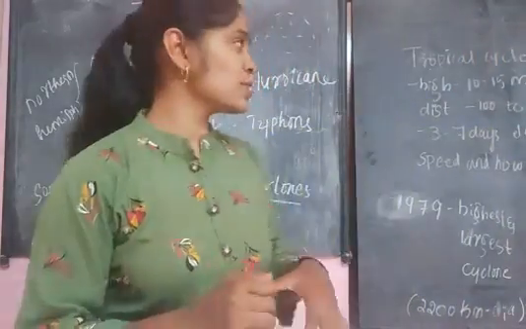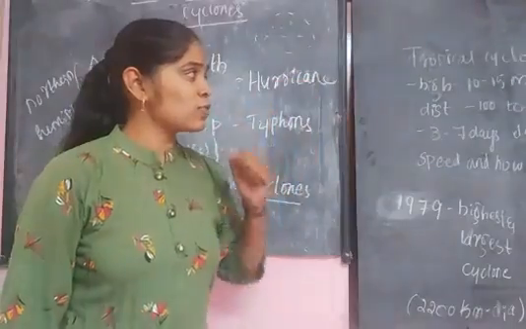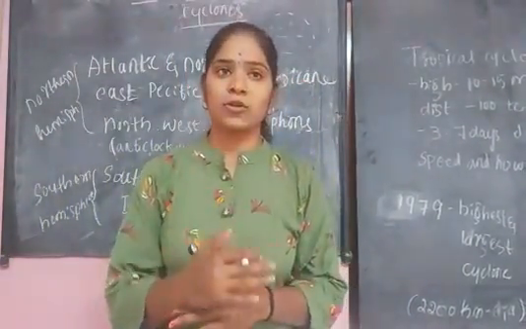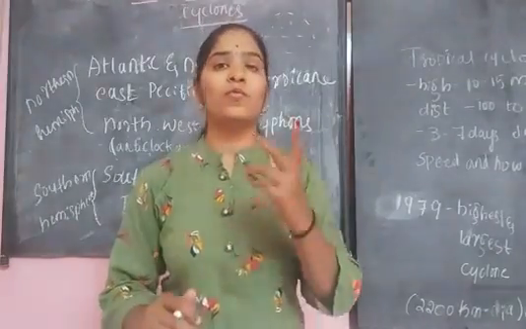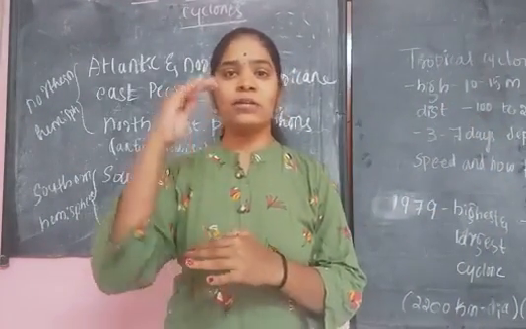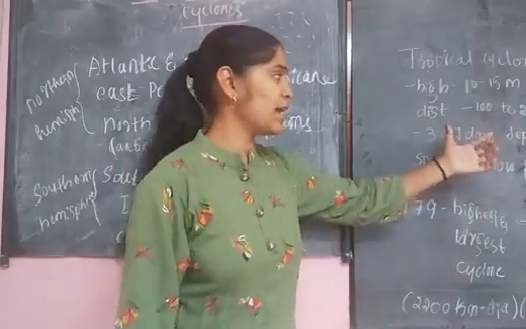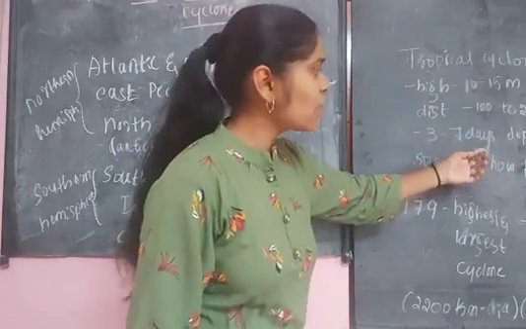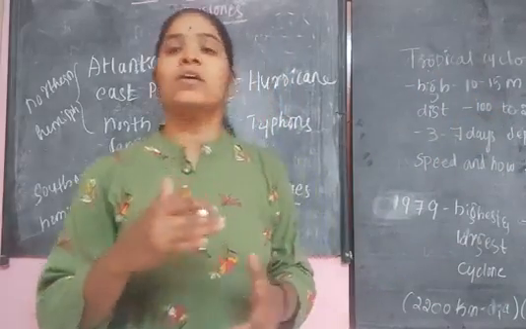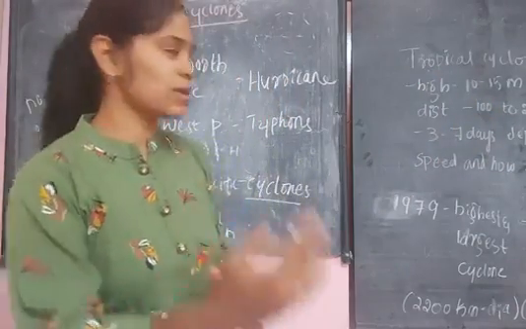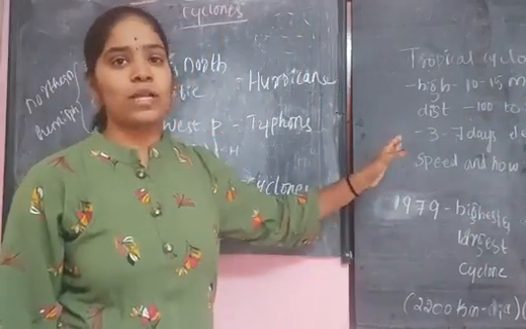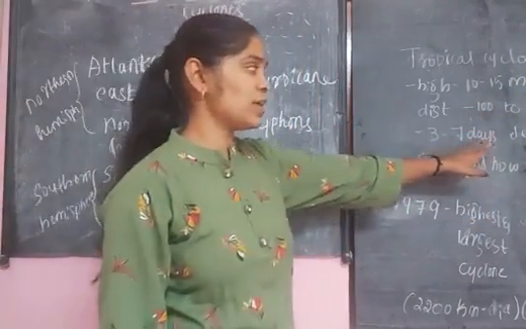Next, for tropical cyclones, the usual height we observe is 10 to 15 meters, and the diameter is up to 100 to 200 kilometers, and the distance it covers is the same. It usually lasts within 3 to 7 days.